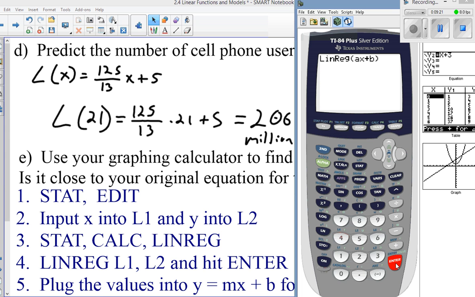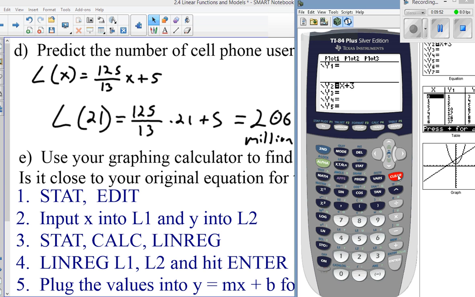Then you hit enter, and you get the equation for the line of best fit. I get 10.53x minus 7.5 as my y-intercept, rounded. So I'm going to plug those values into my y equals.